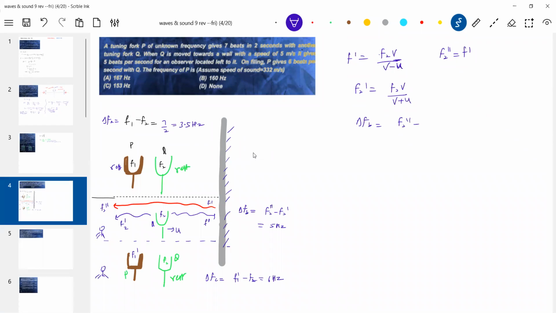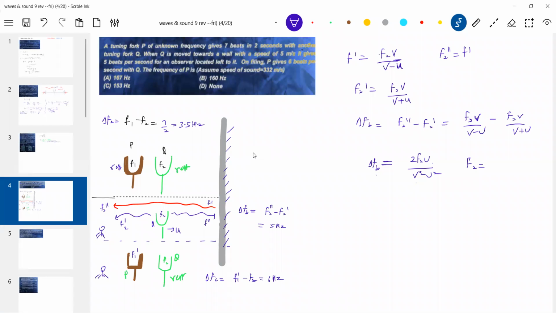F2 V we will take outside, so this will become 2 F2 U by V square minus U square. Now we know delta FB, we know U, we know V, so we'll get F2.